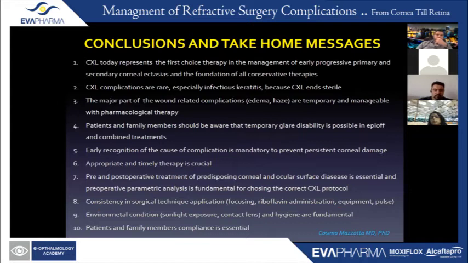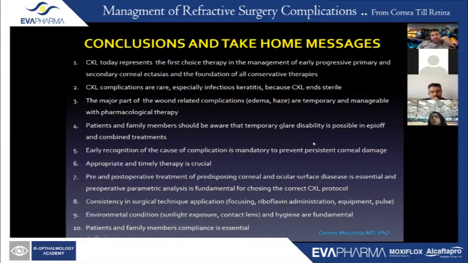The major part of the wound-related complications such as edema and AIDS are temporary and well manageable with pharmacological therapy. Patients and family members should be aware that temporary glare disability is possible, in particular in combined treatments, but we need to recognize the cause of complication early. It is mandatory to prevent persistent corneal damage, and appropriate and timely therapy is crucial.